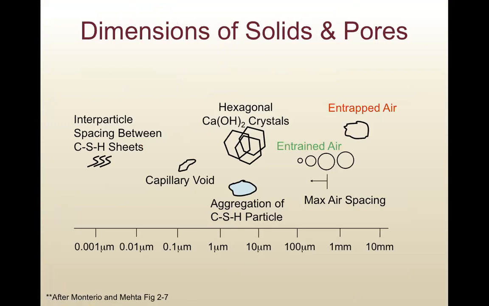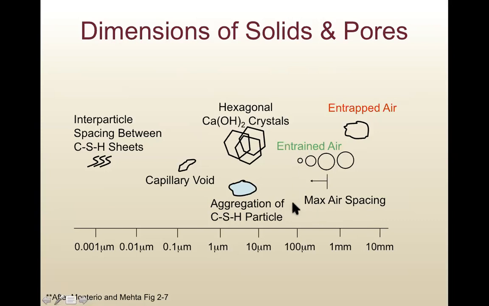All right, so we have discussed different types of hydration product, from CSH to calcium hydroxide, different types of water and different types of voids. And here shows the range of dimensions of all these solids and pores in hydrated cement paste. So entrapped air is at millimeter level.